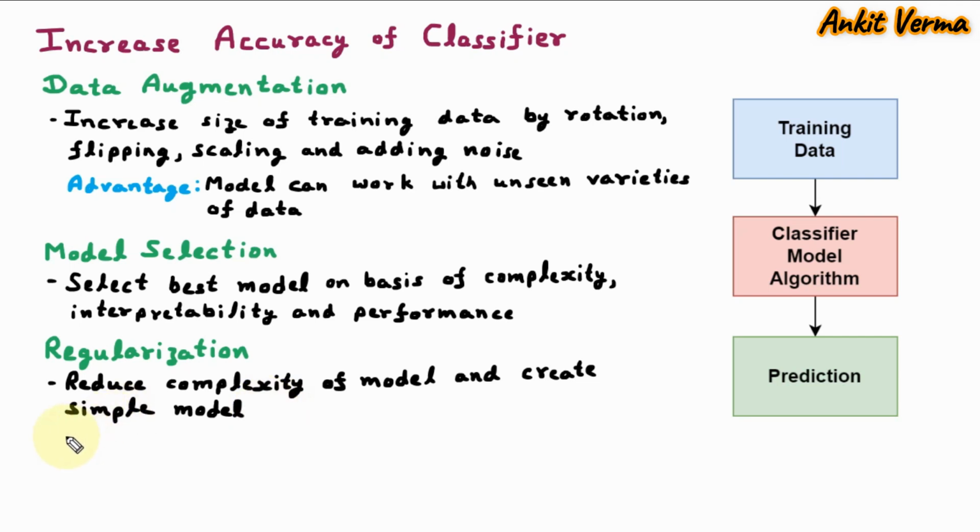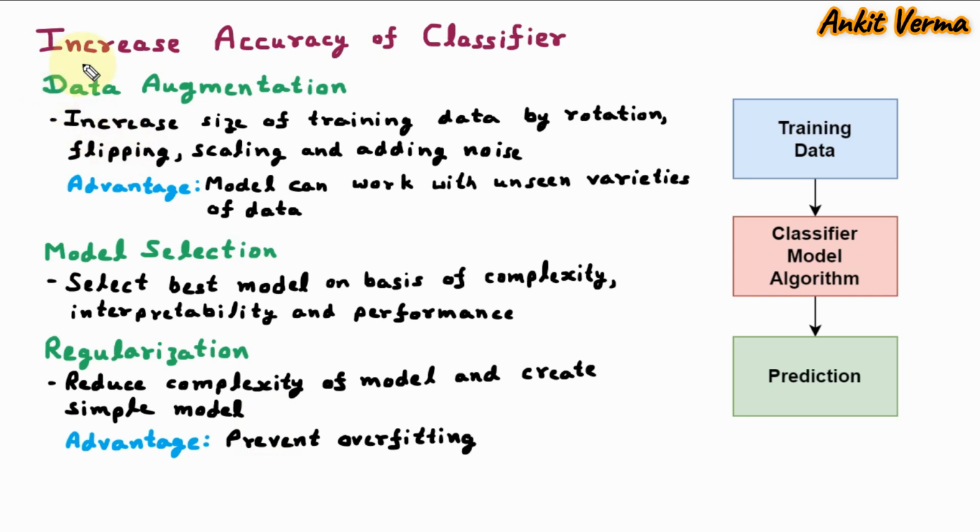Here the advantage is it prevents overfitting. Overfitting means we keep on adding more and more features into the model and because of that the performance of model reduces and model becomes more complex. So we prevent overfitting because we are making a simple model.